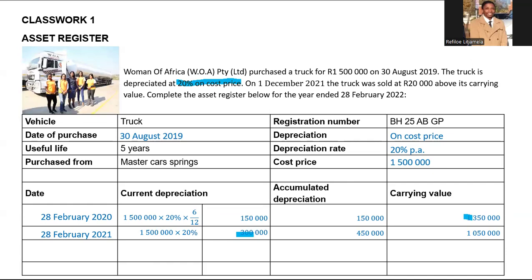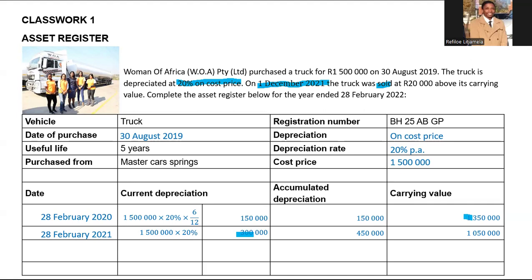Before I go to 2022, I noticed something. They said on the 1st of December 2021, the truck was sold. I don't care about how much. That won't affect our depreciation, because what matters the most here is depreciation.